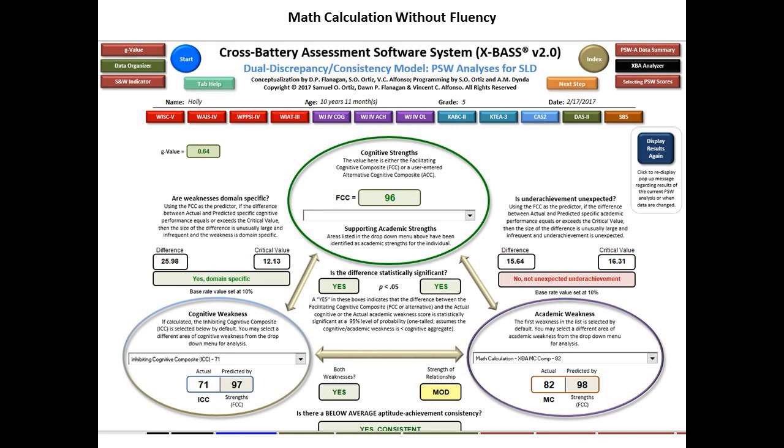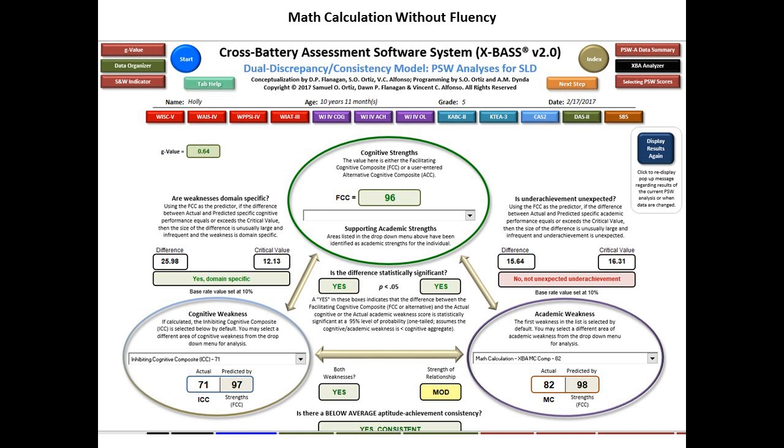Then on this side, the program takes the facilitating composite and says, is there a significant difference between the facilitating cognitive composite and the academic area of weakness, which is math calculation, and this is math calculation without fluency, which is an 82, and that difference is statistically significant.